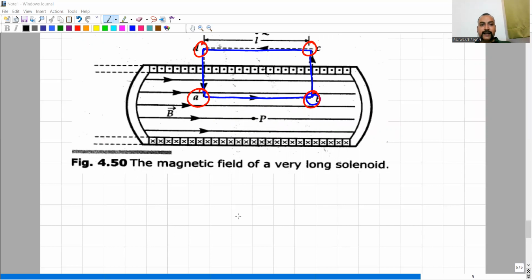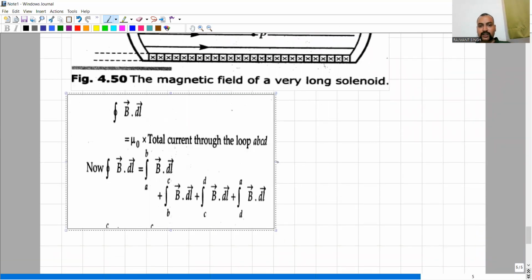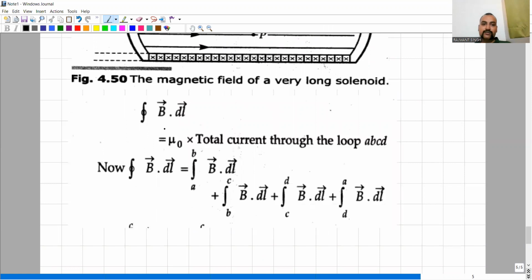Now, individual integration of each segment would mean that when you do B dot dl, you will have to do B dot dl for A to B, then B to C, C to D, and D to A. Okay. So B dot dl will become the integration of A to B, B dot dl, then B to C, B dot dl, C to D, and D to A.